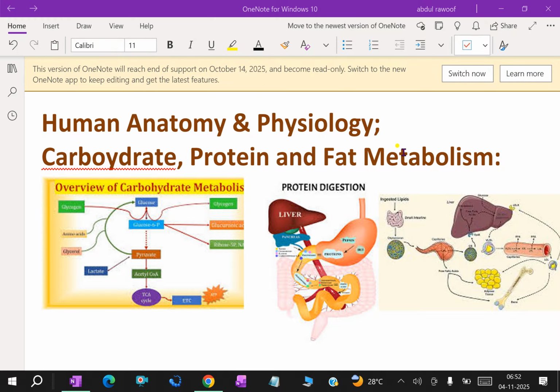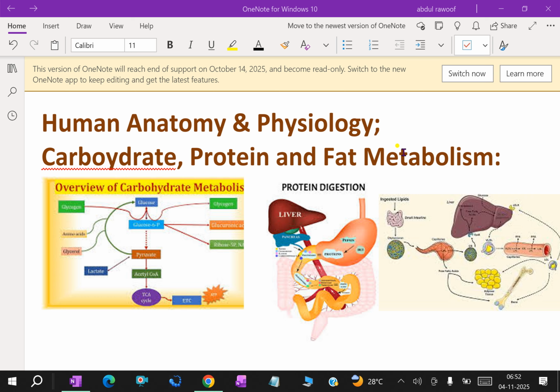Now, what is carbohydrate metabolism? Erythrocytes and neurons can use only glucose for fuel, and therefore maintenance of blood glucose level is needed to provide a constant energy source to the cells. Most other cells can also use other sources of fuel.